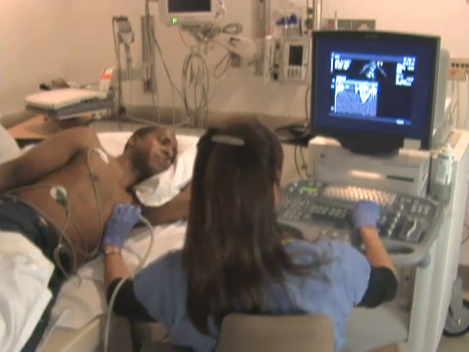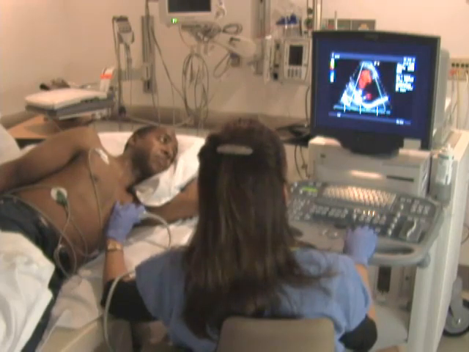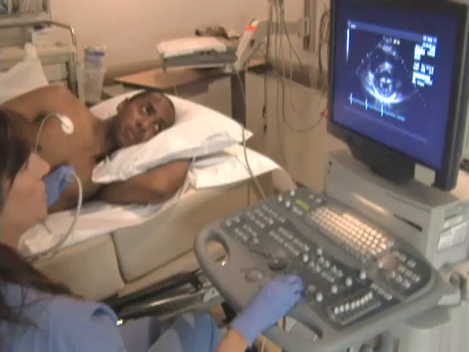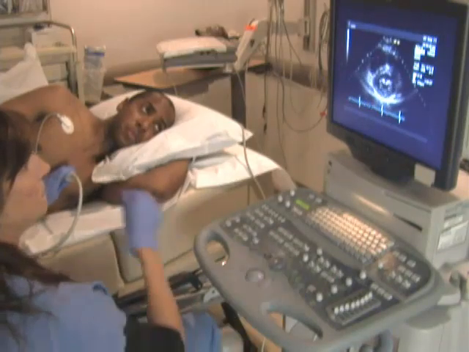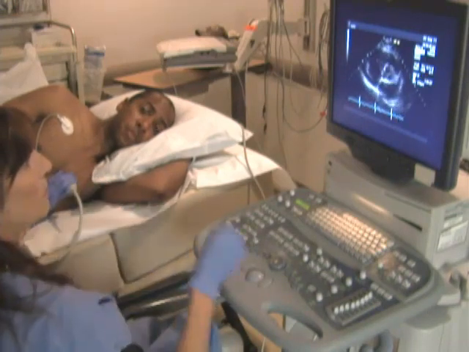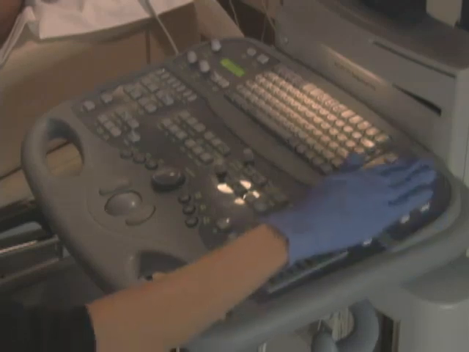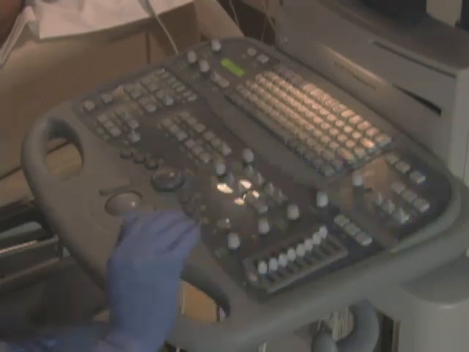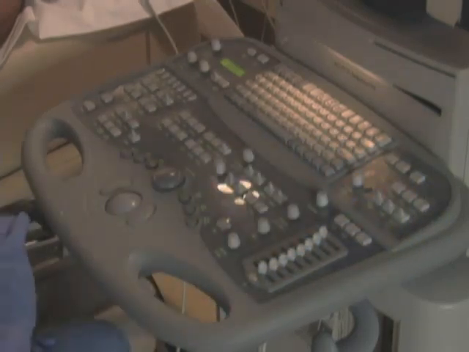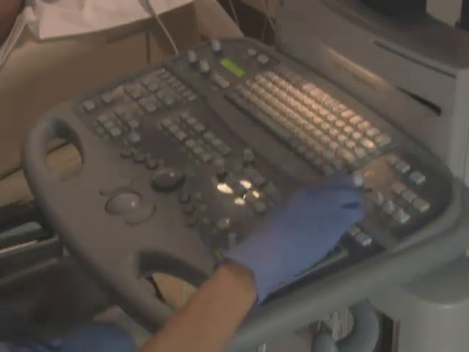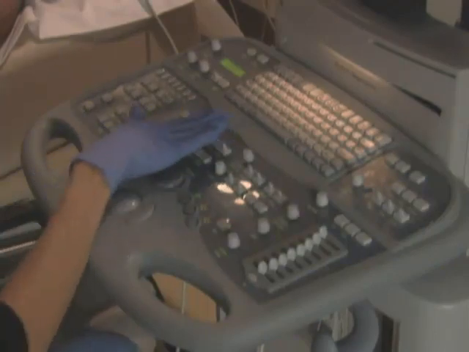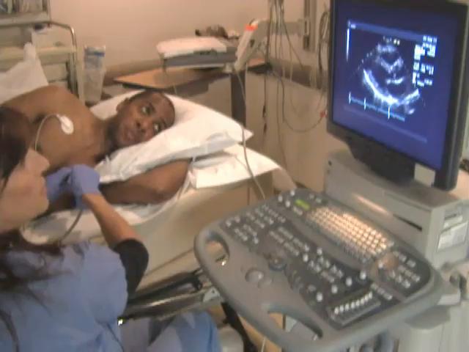The image depth is adjusted to include the anatomic areas of interest from each acoustic window, and image quality is optimized using the time gain compensation, in addition to focal depth, overall gain and power, tissue harmonic imaging, dynamic range, and other instrument controls as needed.